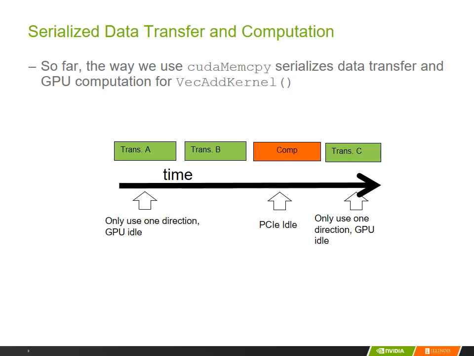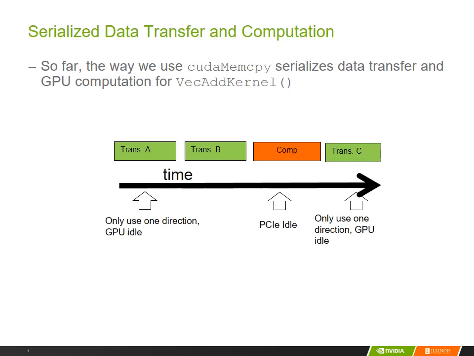During the time that we execute the kernel in the compute section, the PCIe bus is idle in both directions. And then when we transfer C back from GPU to CPU, we're using only one direction, that is the direction going back from GPU to CPU, and then the GPU is not executing any kernel.